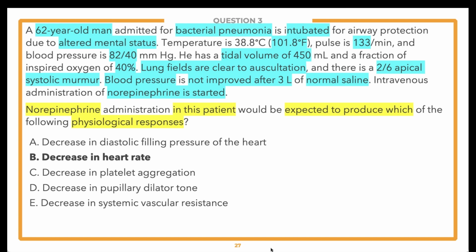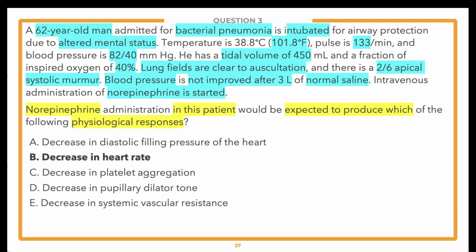So if that doesn't work, then we have to give vasopressors. And we do that because that's going to increase systemic resistance, or we can give drugs that will increase cardiac contractility. But the first line treatment for hypovolemic and septic shock is norepinephrine.